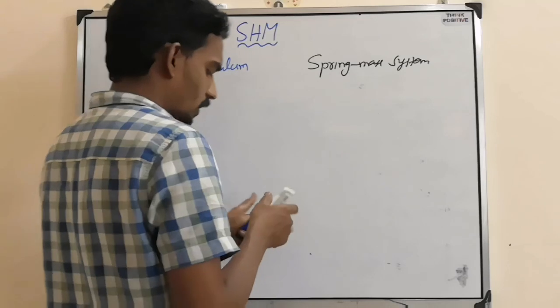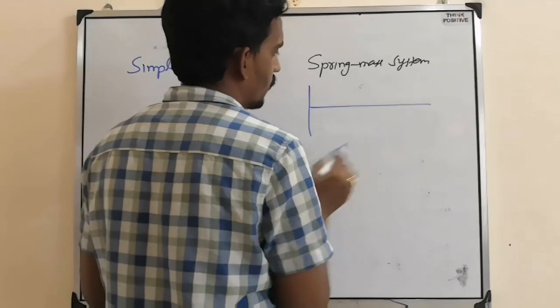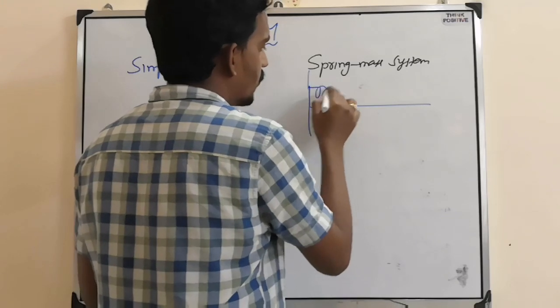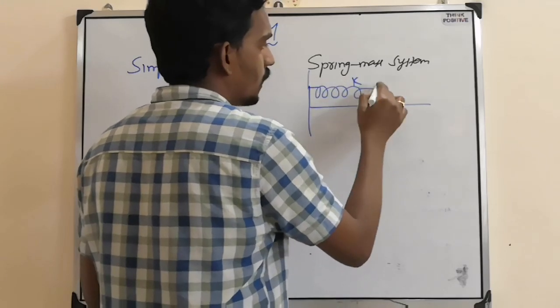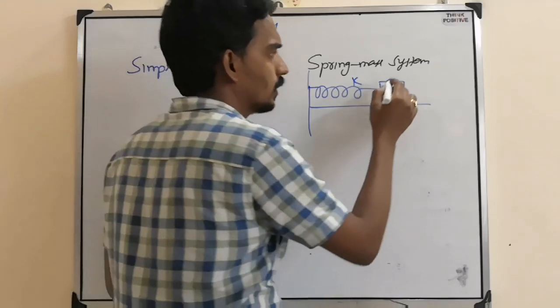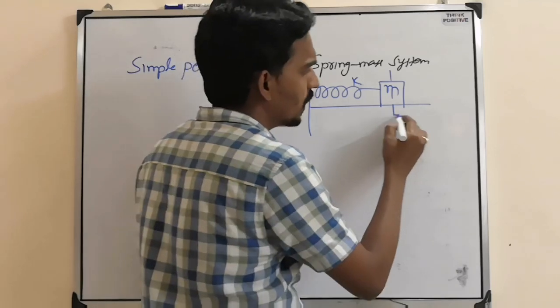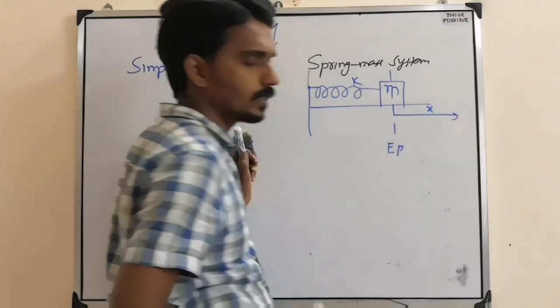So here, let's say first there is a surface, and one spring of constant K attached to a mass M. Then this is the equilibrium position. Now you displace the body by a distance x.